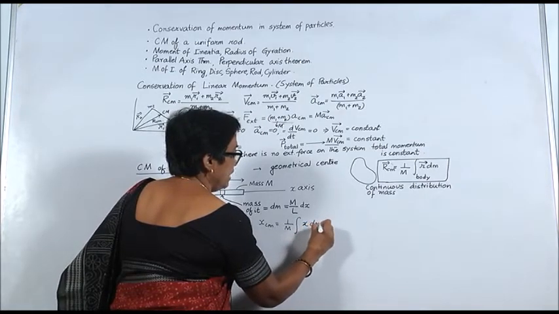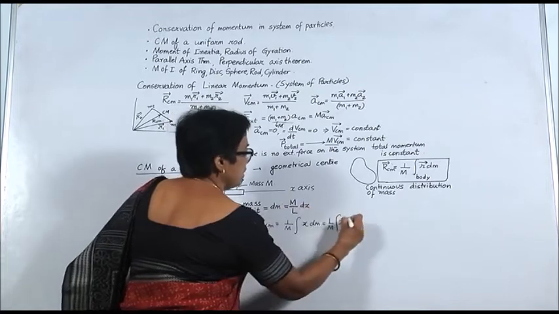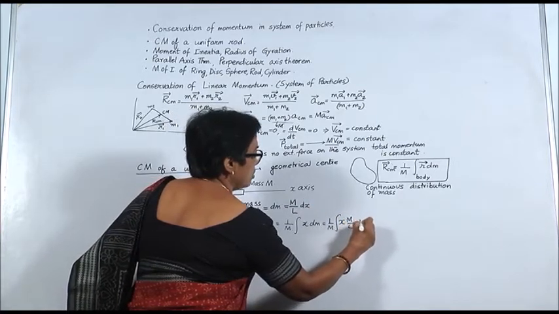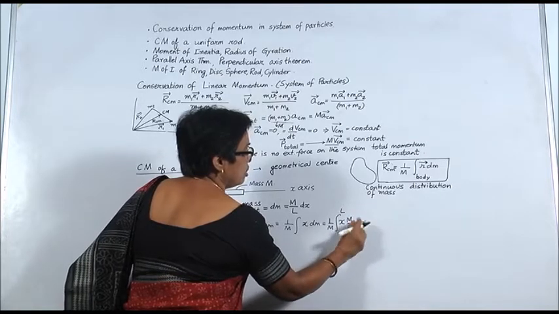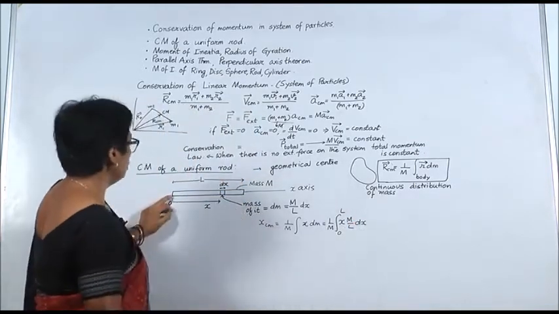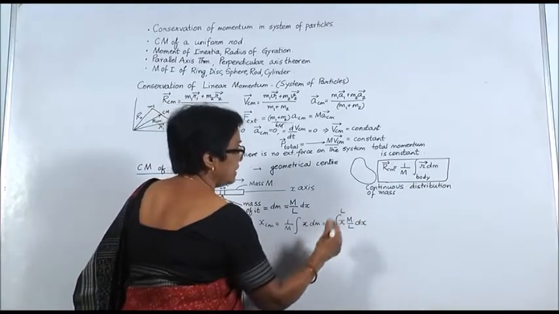Into dm. So, dm here is M by L dx, to be integrated from 0 to L. Dx is the variation of x, which starts from 0 up to L, so integrating from 0 to L will cover the entire body.